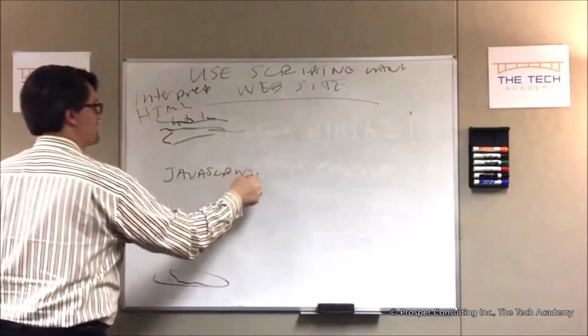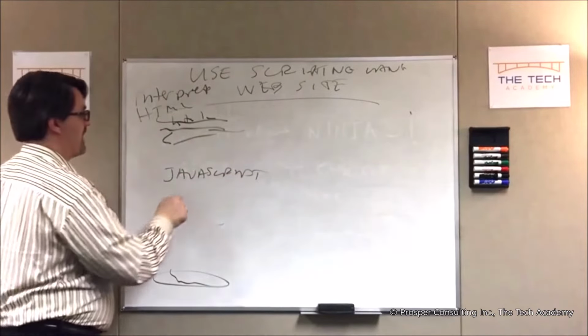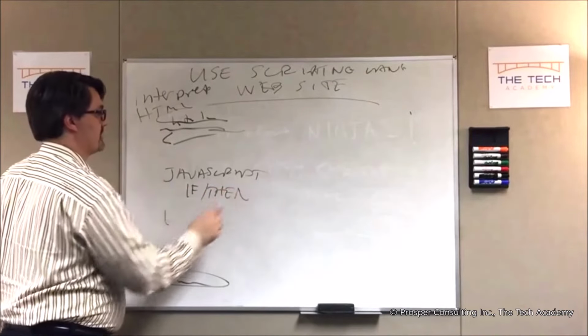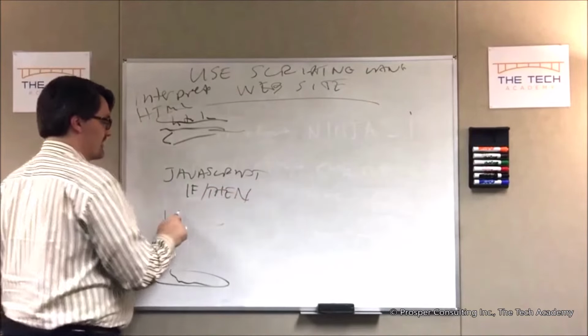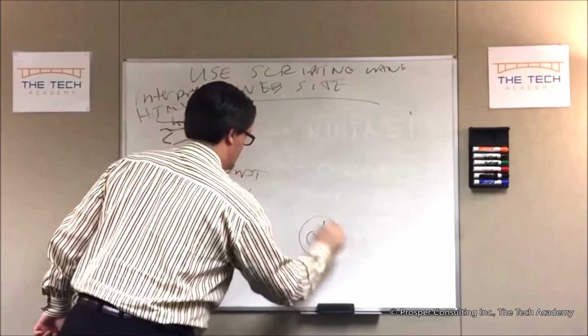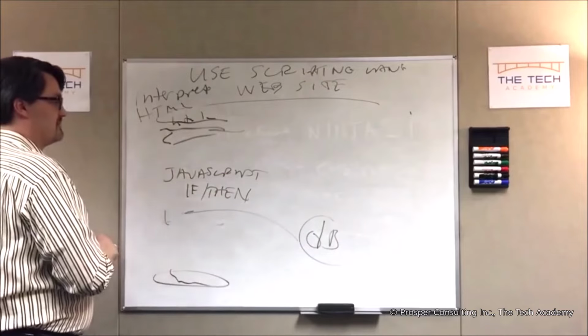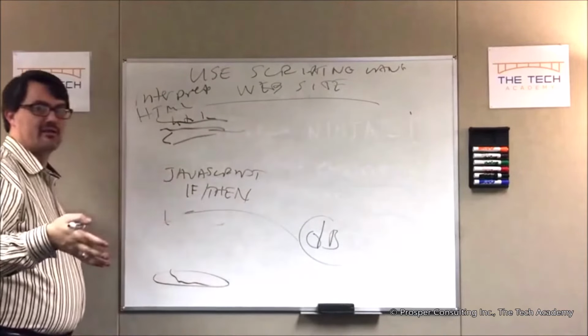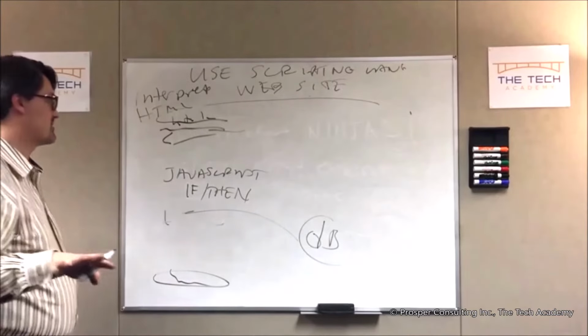Now, JavaScript is cool in that you can apply if-then conditions to it. And you can do things like get data from a database and display it. It can make your website, your web pages dynamic, changing over time or based on other conditions.